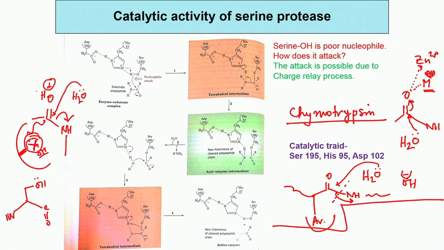So, the enzyme is momentarily stuck with the remaining part of the protein, and that is called the acyl enzyme complex. So, the acyl enzyme complex will next be hydrolyzed, water will come and break the acyl enzyme complex, and you get your nucleophile back, and the result is that you have done the hydrolysis of the peptide bond.